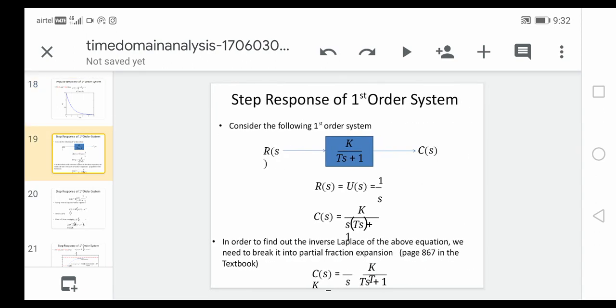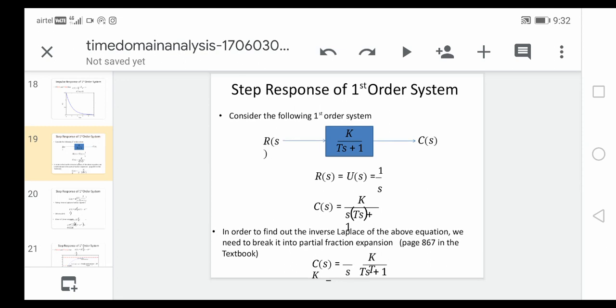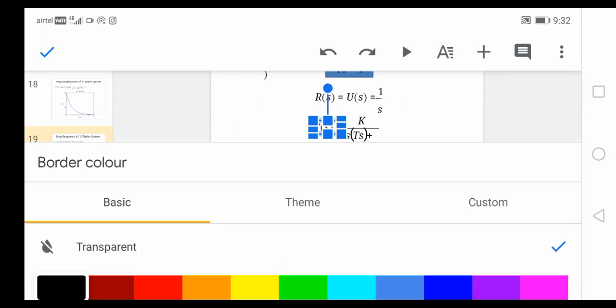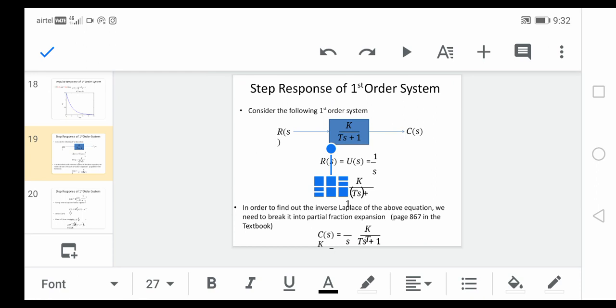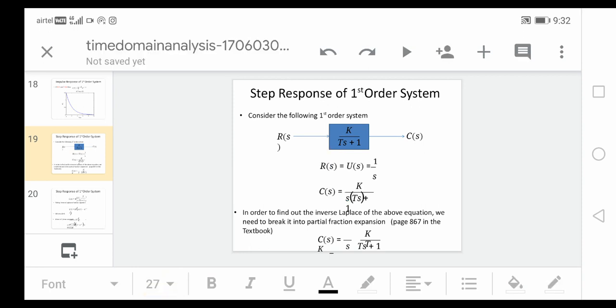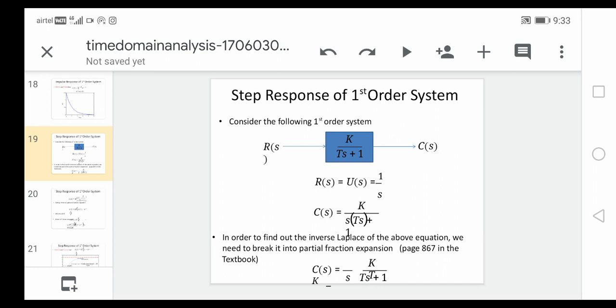You see C of s is equal to k divided by Ts plus 1. Then you substitute 1 by s in the place of R of s, so that equation becomes 1 by s into k divided by Ts plus 1.